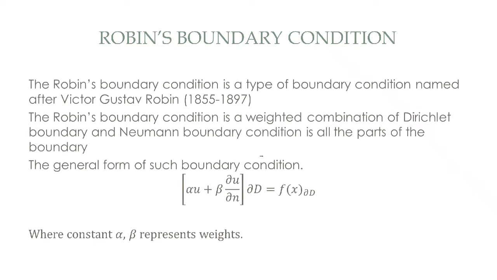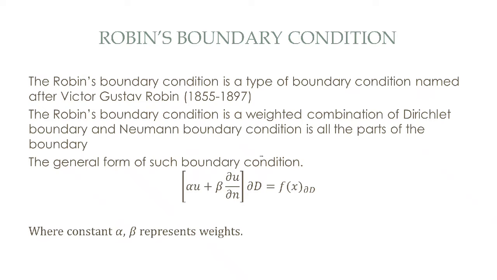Next one, or the third one, is the Robin boundary condition. Robin boundary condition is a type of boundary condition named after Victor Gustave Robin. The Robin boundary condition is a weighted combination of Dirichlet boundary condition and Neumann boundary condition on all the parts of the boundary.